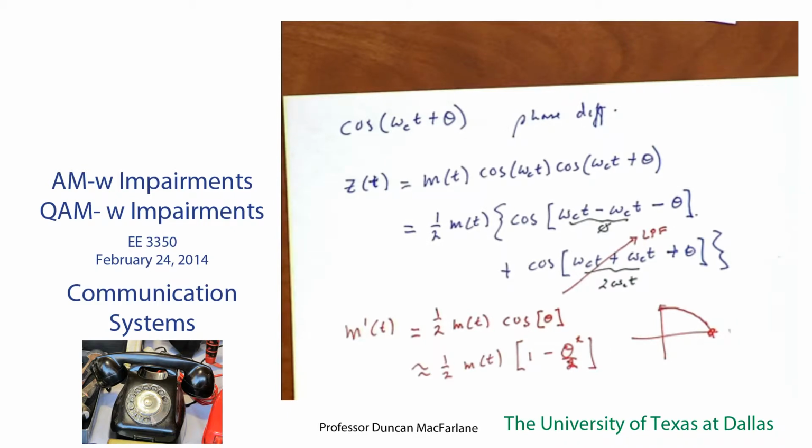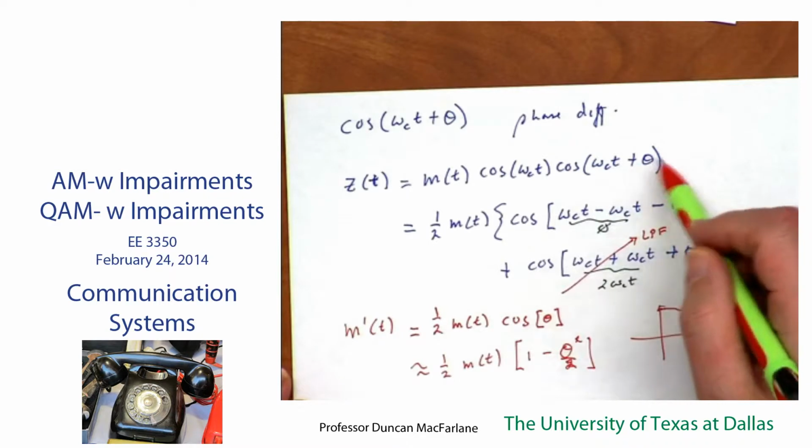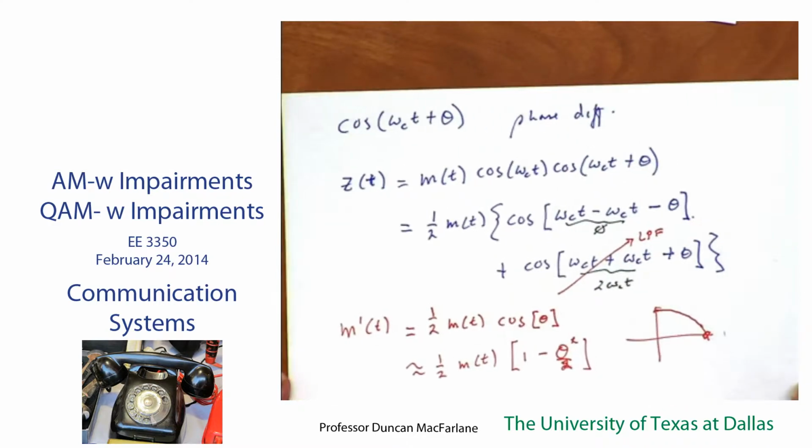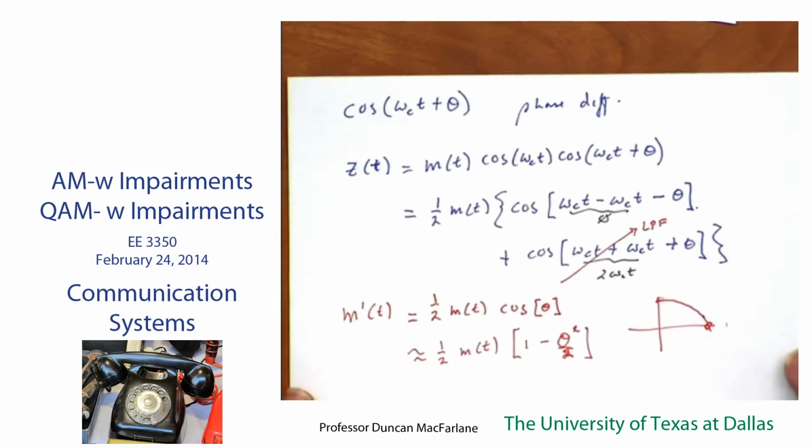But think about this. Under what condition are you going to get a constant phase shift? Well, are you going to get a constant phase shift? That's the question. I'm modeling the output as having a constant phase shift. Is that a realistic case?